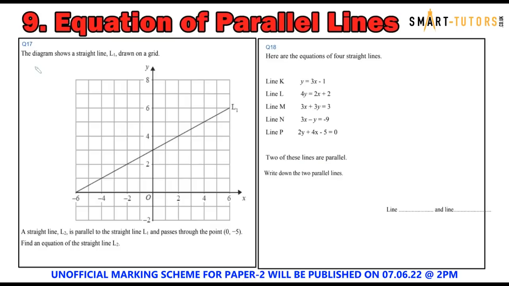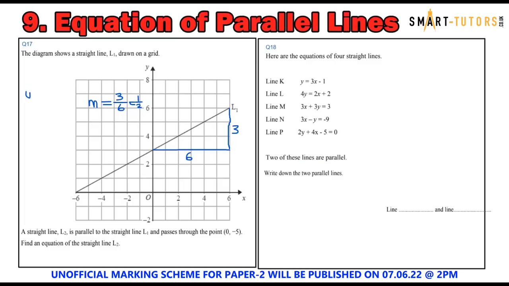First of all, we need to find the gradient of L1. You can draw a right angle triangle to find the y difference, which is 3, and the x difference, which is 6. So gradient m equals y difference divided by x difference, which is 3 over 6, is half.